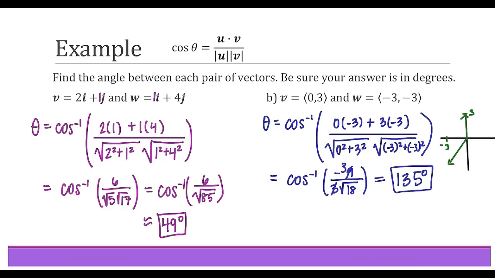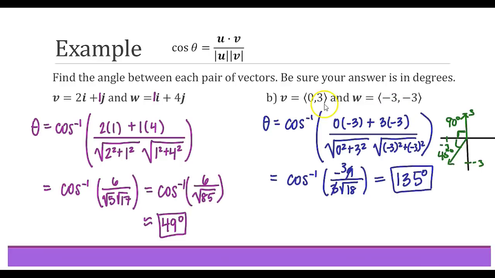So I'd go 3 left and 3 down. So if I think about the angle between the two vectors here, well, this is a 90-degree angle, and negative 3, negative 3 splits this quadrant in half, so this right here is 45. So if I'm adding my 90-degree angle and my 45-degree angle, that's exactly 135 degrees.